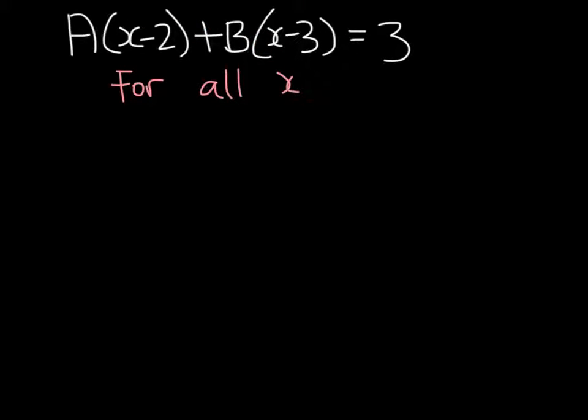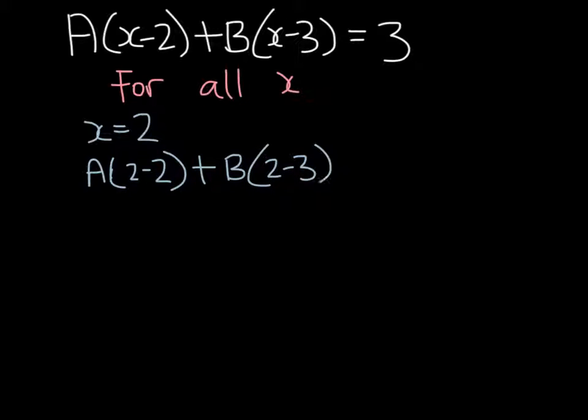So for example, I'm going to plug in x equals 2, and then that'll tell me that a times 2 minus 2 plus b times 2 minus 3 equals 3, or that negative b equals 3 and b equals negative 3.